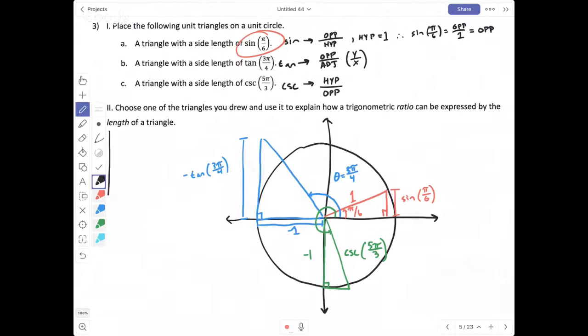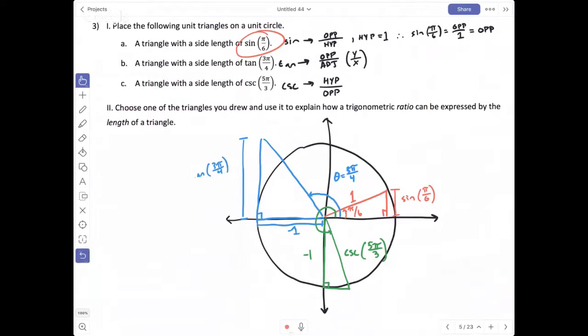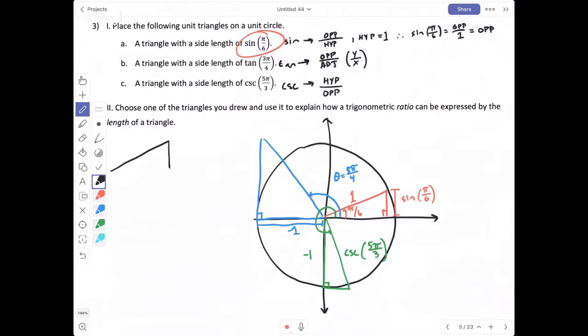So how about this? We'll say here was my triangle with pi over 6, and this was 1, and this is sine of pi over 6.